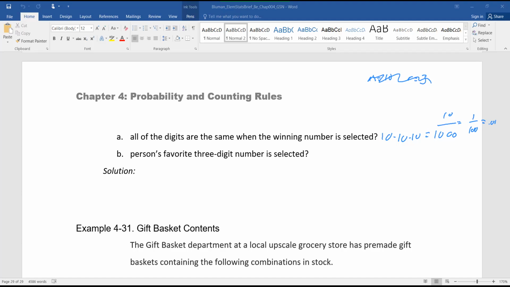You have 1 out of 1,000 for a pick 3. There's only one of those that's his favorite, so 1 out of 1,000. So there's a 0.1% chance of winning.